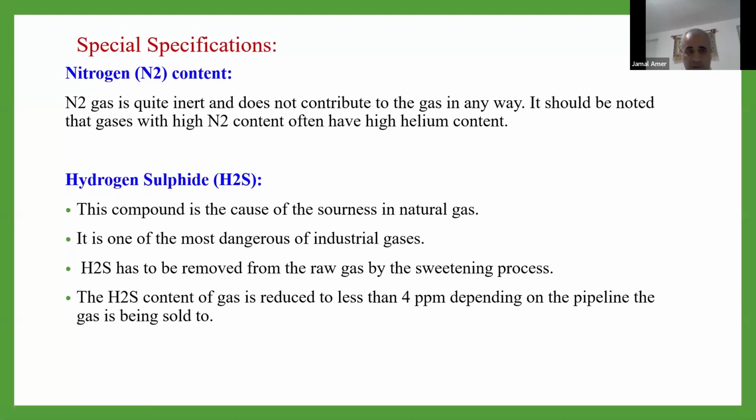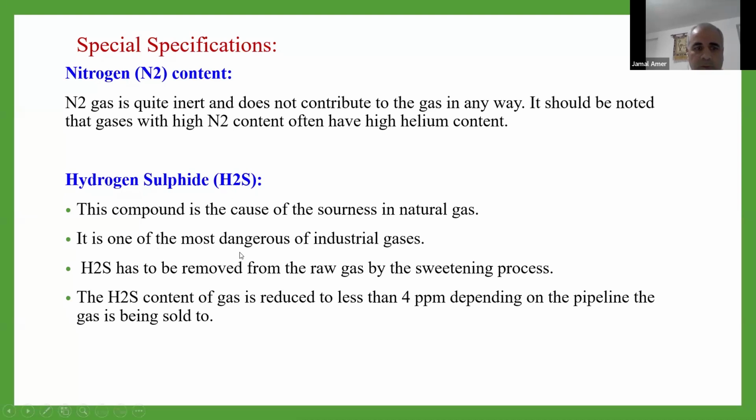Because most of it comes from acid gas, this compound is the cause of sourness in natural gas. So when the concentration of H2S is more than 4 ppm volume per volume of the gas, we call that gas sour gas.